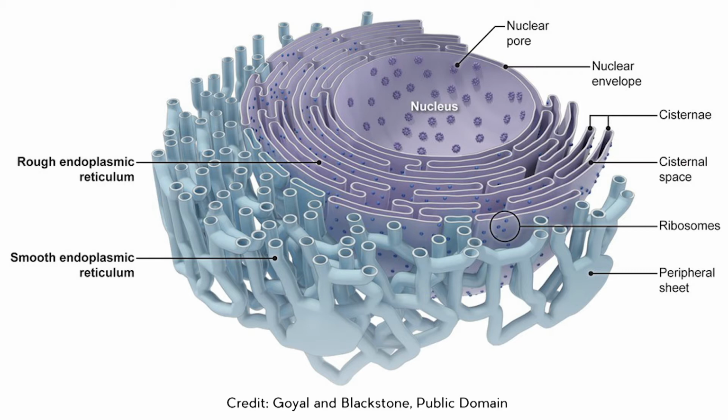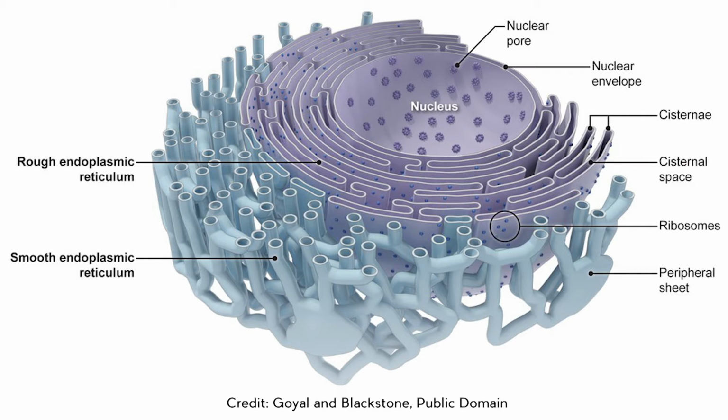And the endoplasmic reticulum is important because it's the site of protein synthesis. The endoplasmic reticulum is located extremely close to the nucleus because the endoplasmic reticulum is making proteins using instructions that come from the nucleus. And so a piece of genetic material, which is required for protein synthesis, will exit the nucleus and it will go straight to the endoplasmic reticulum.